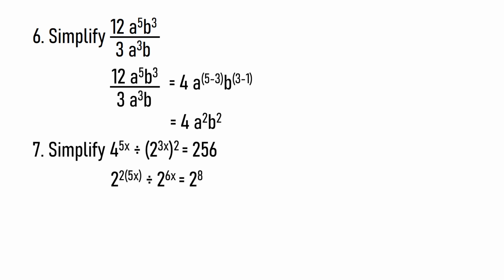First, we express 4 to base of 2, and we also express 256 to base of 2. Therefore, 4 is the same as 2 squared, but we remember it is to power 5x, then divided by 2 raised to power 3x times 2, which is 6x, equals to 256, which is 2 power 8.